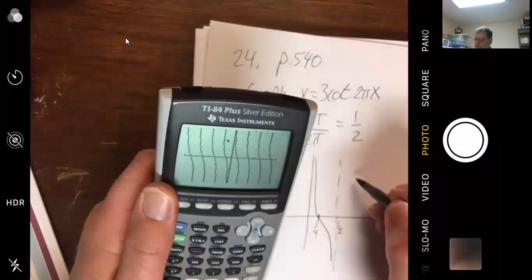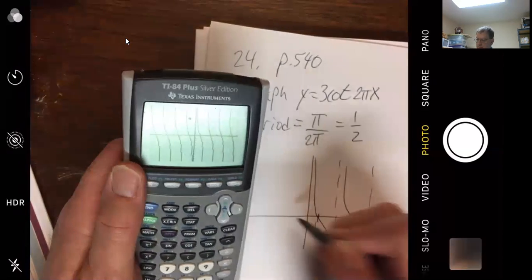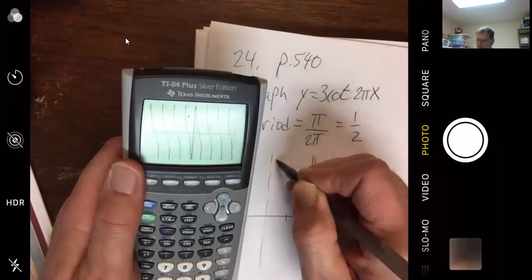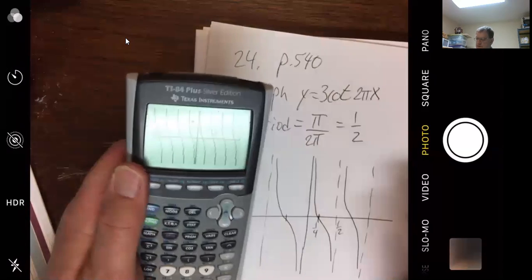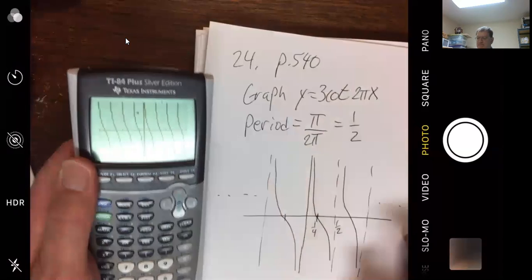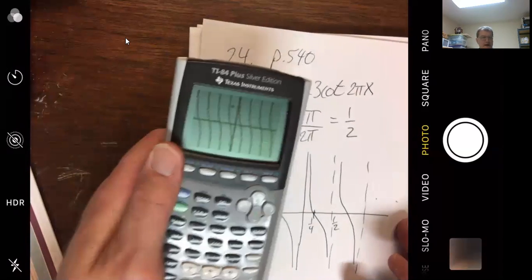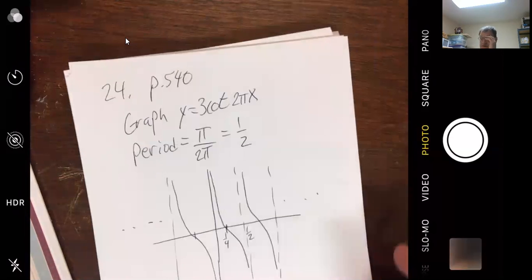And then you do another one, and you can do one back over here, and so on. But it goes forever this way and forever that way. So yeah, sometimes you got to really adjust your windows to spread things out and see what's going on.